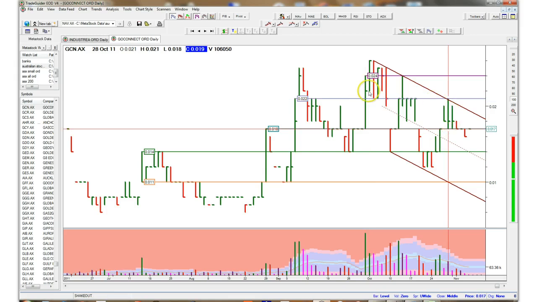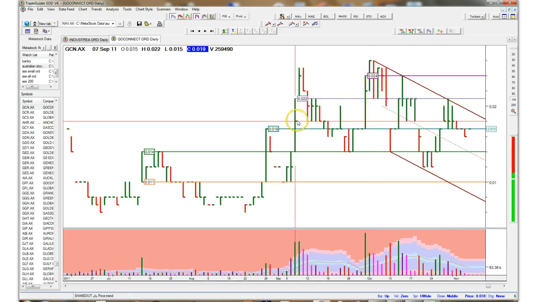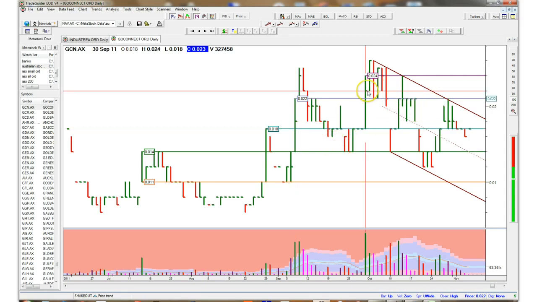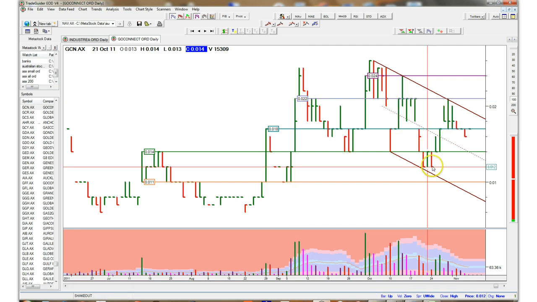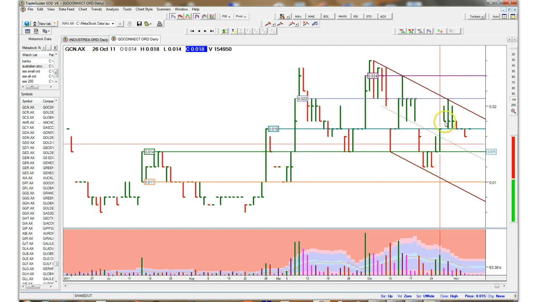We've come back, and we've never really got above the close of that bar, or above the high of this bar over here at least. It's come down, so not a lot of selling pressure as it comes down within the body of the bar, and then it goes up again.